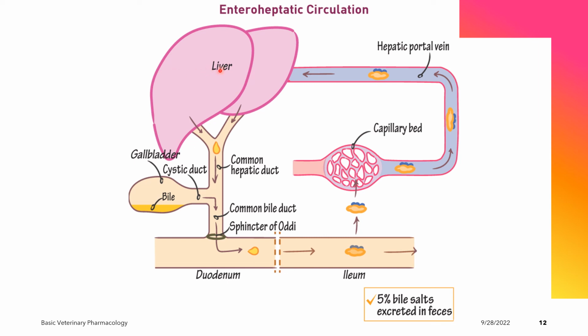The bile will be secreted into the gallbladder, so the drugs will come with it. It will be drained into the small intestine, and within the small intestine is where the reabsorption of the drugs and the bile will take place back into the liver.